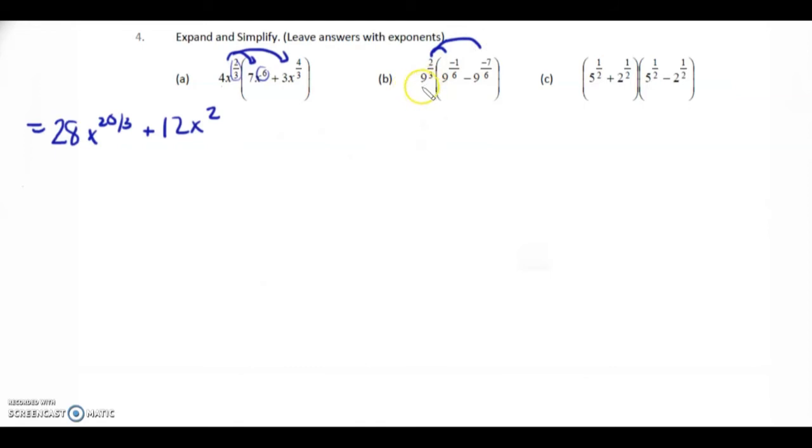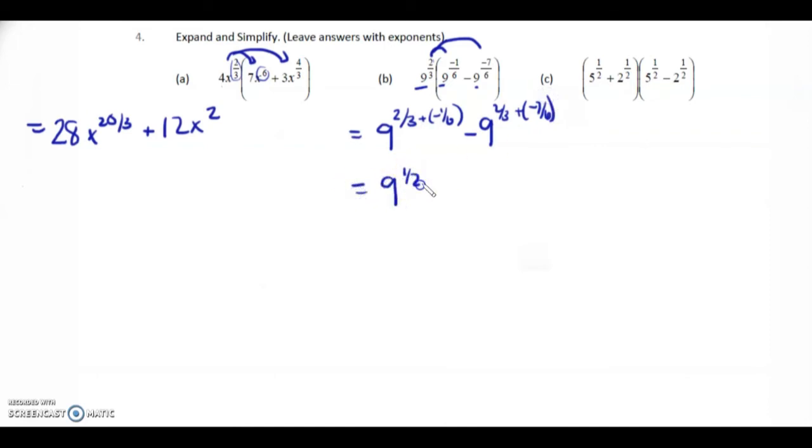Okay, so here's what's a little bit different. Our base here is 9. So when we multiply 9 to the 2/3 times 9 to the negative 1 over 6, what we're doing is we're keeping 9 as the base, and we're just adding the exponents. So essentially we would add 2/3 plus negative 1/6, we'll keep 9 as the base, 2/3 plus negative 7 over 6.